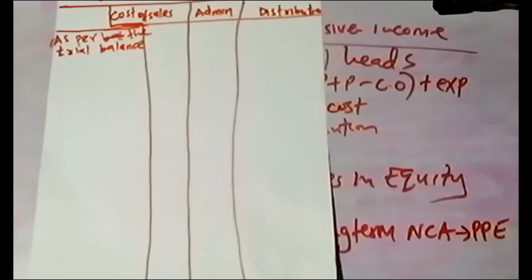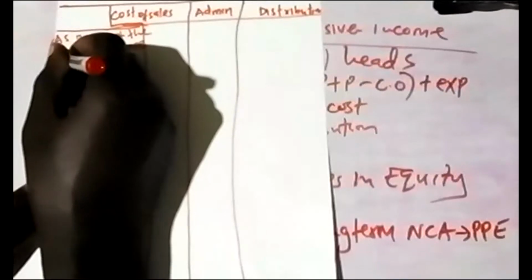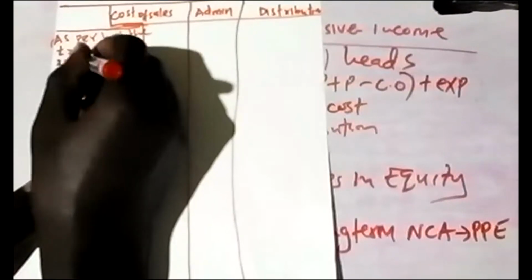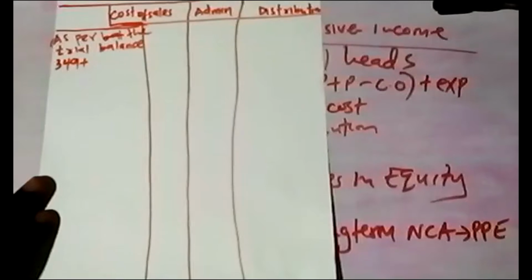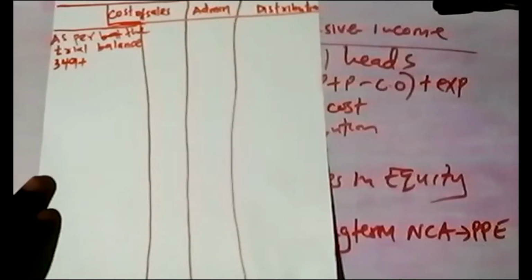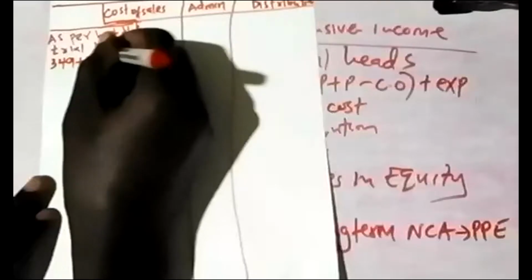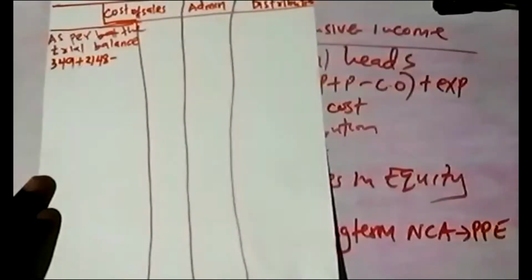All right, so my opening stock, which I think you have in the question I've already displayed, is 349, plus purchases. The purchases is 2148.